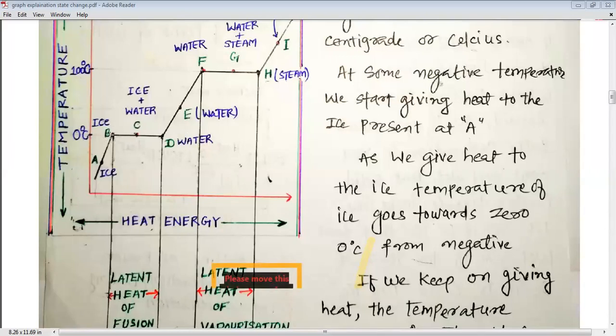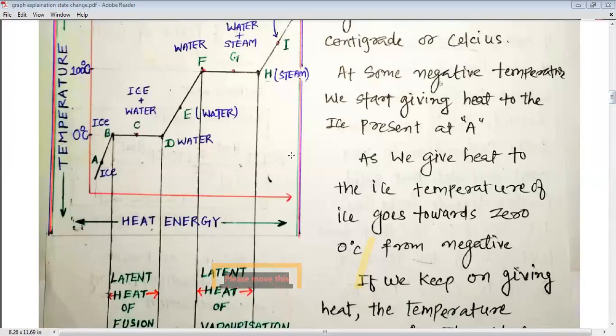Now what happens if we keep on giving heat to the 1 kilogram of ice? The ice turns into water, and we move from point B to point C. Whenever we are moving from point B to point C, we need to provide heat energy.